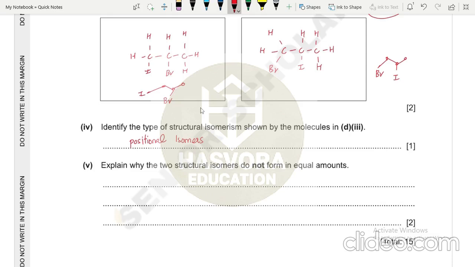So now we can write here that due to the difference in electronegativity, the iodine plus bonds with carbon with more hydrogen.